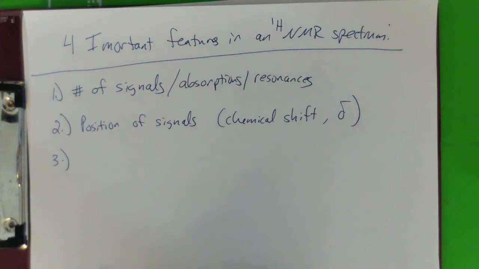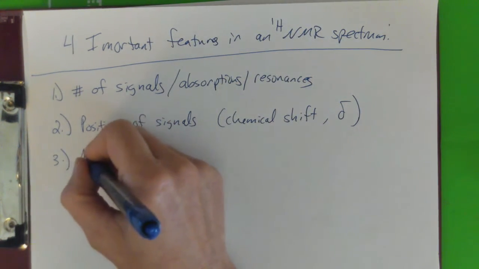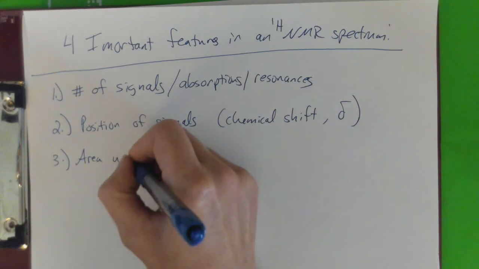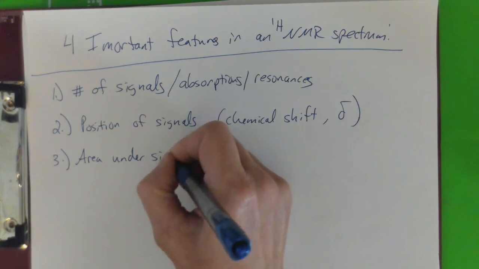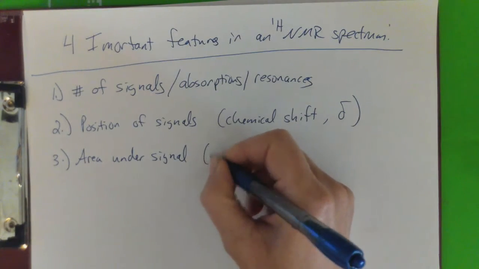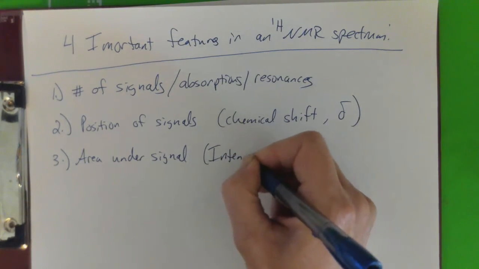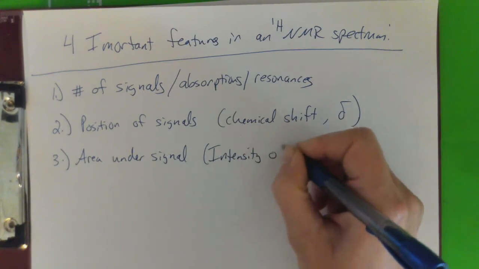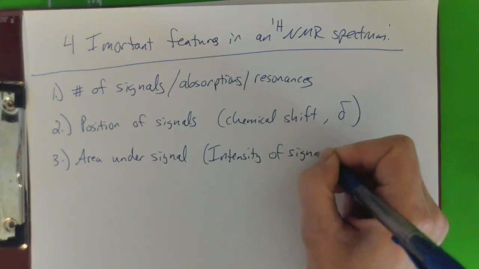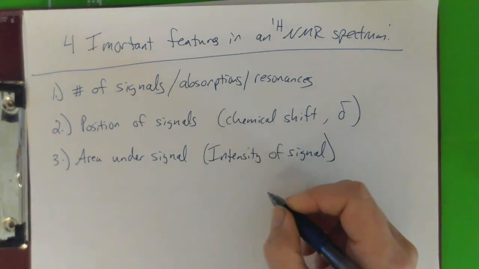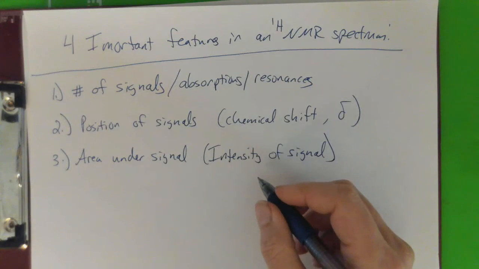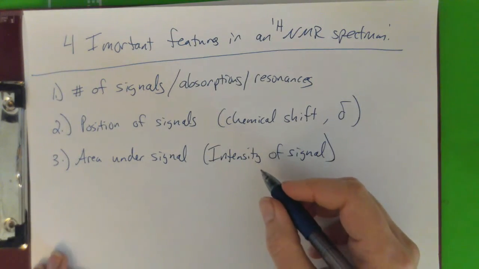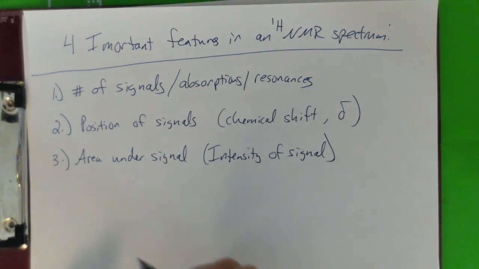So the third important feature in a proton NMR spectrum is the area under the signal. I think your textbook calls this the intensity of the signal, okay? So this tells us the number of protons making up that signal, so in a given environment.